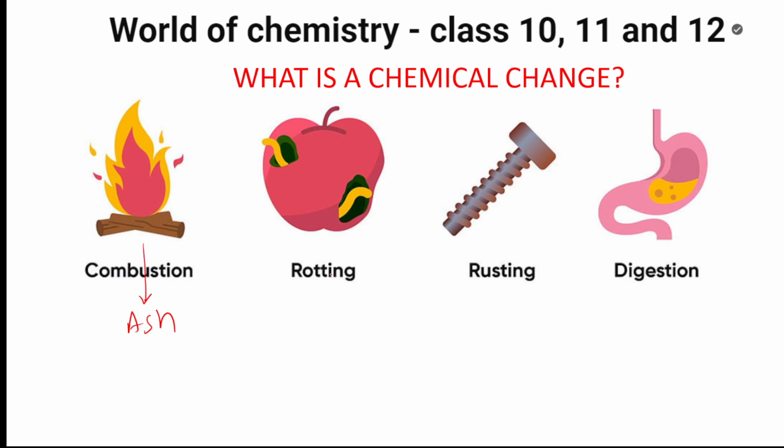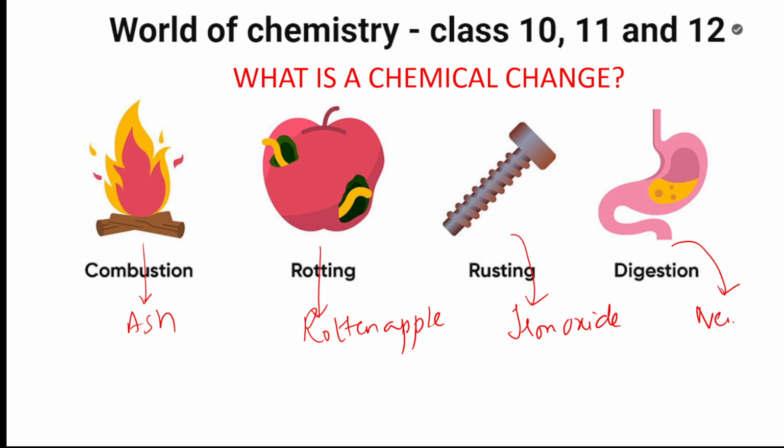After rotting of an apple, a new substance forms, a rotten apple. Can you get the fresh apple back? During rusting, iron oxide is formed, a new substance. During digestion, the complete food is digested and a new substance is formed, or rather the waste material, and it releases energy.